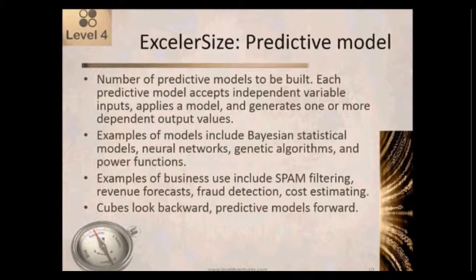So a predictive model would look at that historic data and then automatically forecast revenue or forecast defects or forecast whatever else, or forecast the probability that a given transaction is a fraudulent transaction. So anytime people are talking about the ability to do forecasting, there's going to need to be some kind of a predictive model in the background that drives that forecast.